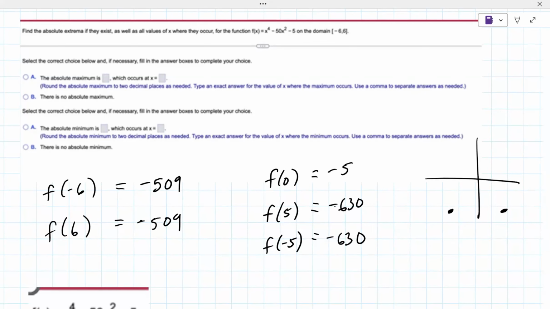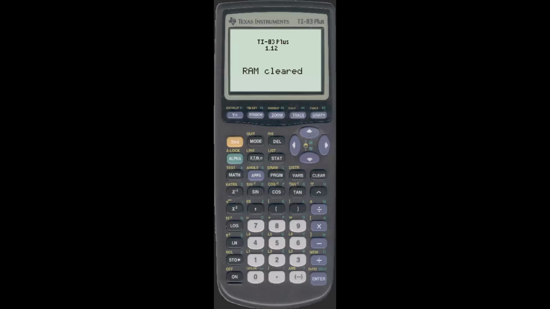I'd like to really quickly show you how to do this in your calculator fast, if you would like. Okay. Let me grab the calculator here. Okay, I should be sharing the calculator now. There it is.